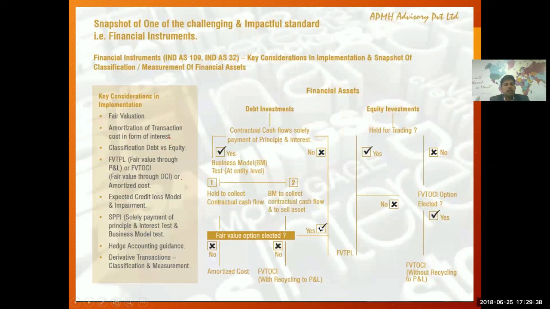So in the next slide, we will decide that for financial instruments. Specifically, this slide is for financial assets. What are the classification and measurement criteria in IND AS 109, or how will you classify your financial assets into amortized cost, FVTOCI, or FVTPL, based on these two tests?